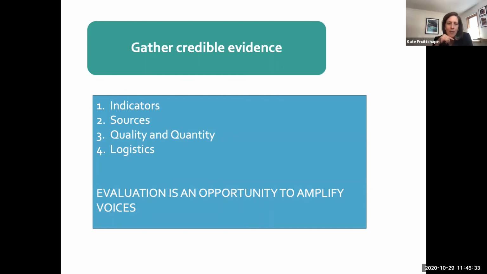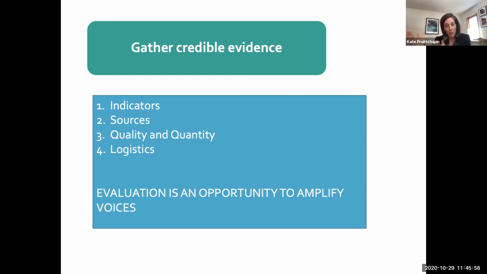This is really about understanding who's going to be the most appropriate one to collect the data. It's around indicators. What are those quantitative or qualitative variables that will change as a result of the intervention? What are we going to measure along the way?